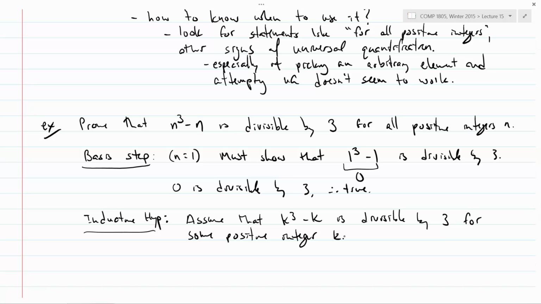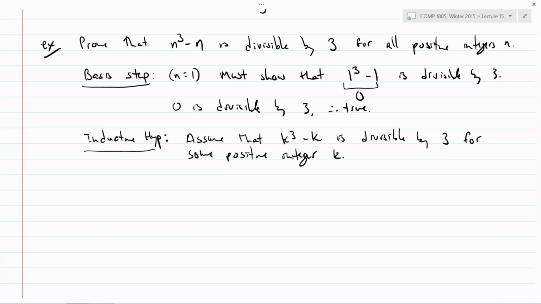I do that to remind myself of the fact that k is arbitrary, and it's completely different from this idea of n in the statement of the thing to be proved. So that's why I always switch to k. Other people use i. That's fine too. But I like to use a different variable so that it's clear to me and to everyone that it's some arbitrary thing that I have no control over. All right, so that's my inductive hypothesis.